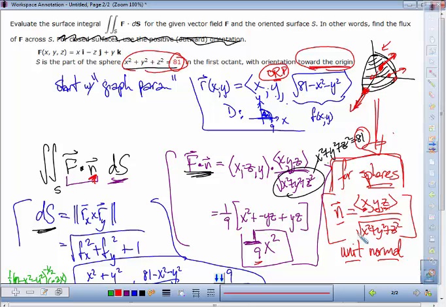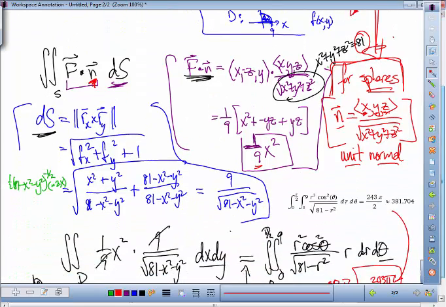If we were to do it without the normal vector, but going back to the r vector dotted with the r_u cross r_v, we would get the same answer. It would just be a matter of putting in the original r vector.